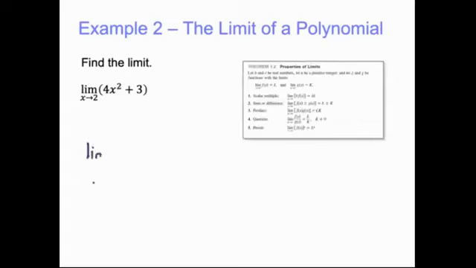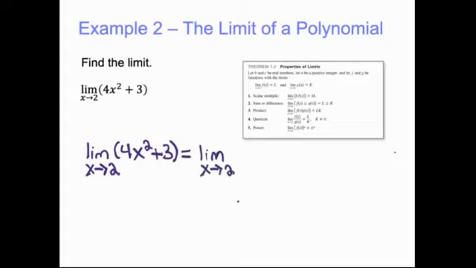So the limit as x approaches 2 of 4x squared plus 3 can be separated using the sum property into the limit as x approaches 2 of 4x squared plus the limit as x approaches 2 of 3.